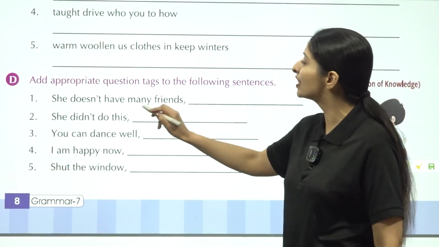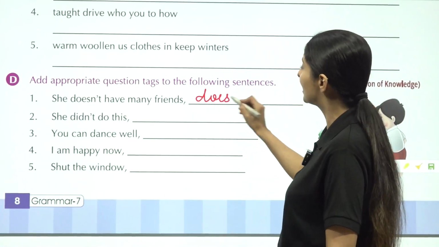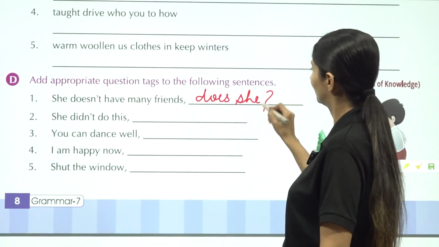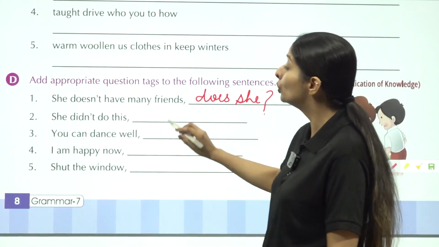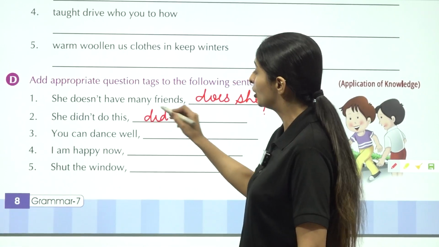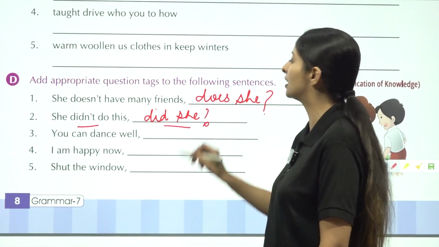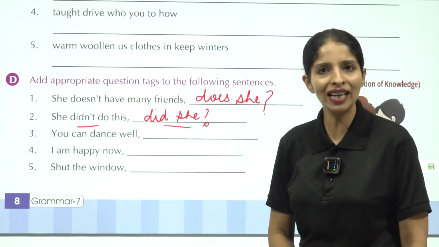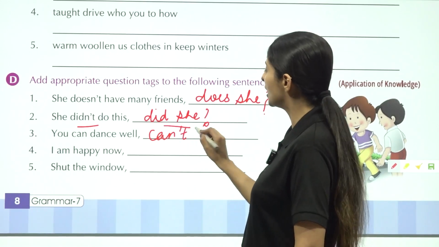Next, now you have to add appropriate question tags. She does not have many friends, does she? She did not do this, did she? Here it is negative, so you use positive here. You can dance well, can't you?